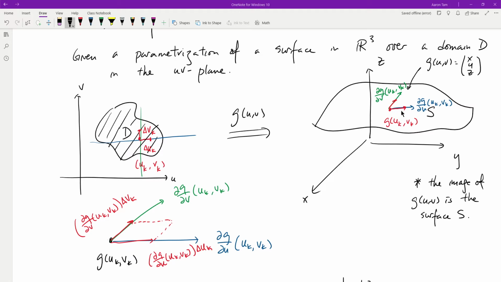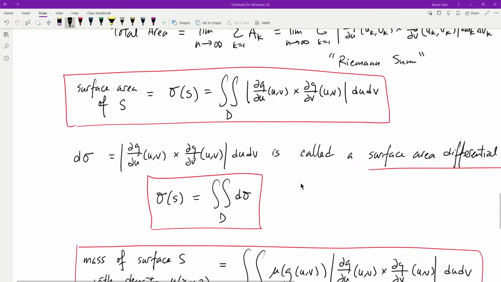And that parallelogram shape can actually be not flat, meaning it is not parallel to the xy plane, but instead it could be tilted up or down based on the vectors dg dv and dg du. So that forms what we call surface area differential, because it's not completely flat and parallel to the xy plane or the UV plane for that matter. That's the difference between the two.